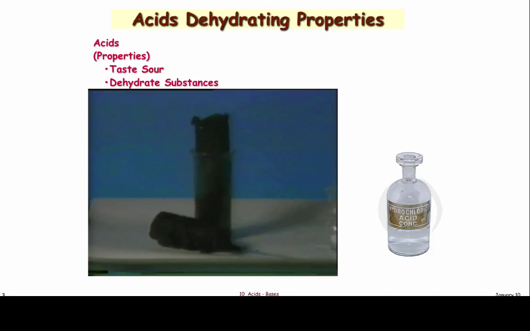This is an example of how acid dehydrates substances like sugar. It basically removes the water.